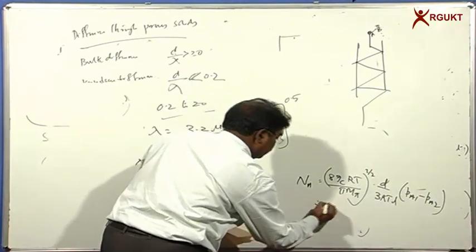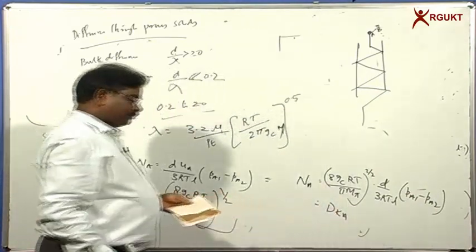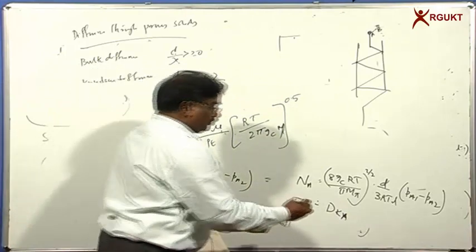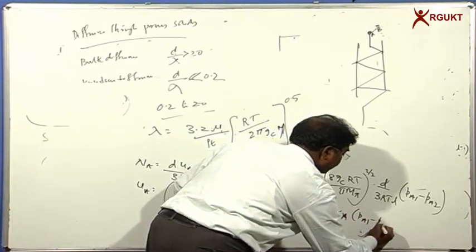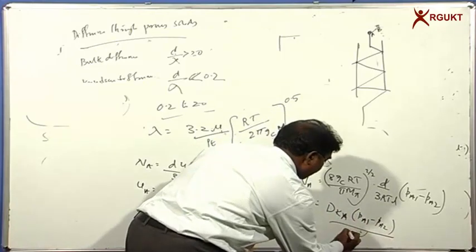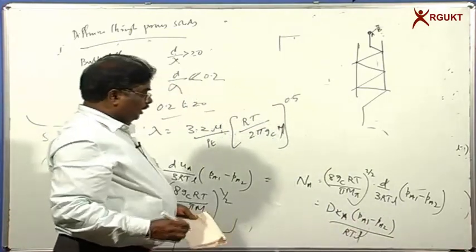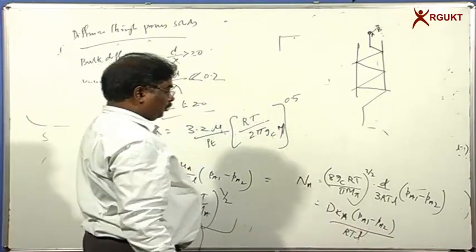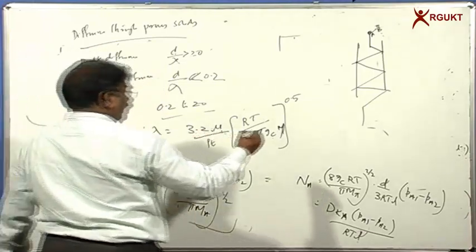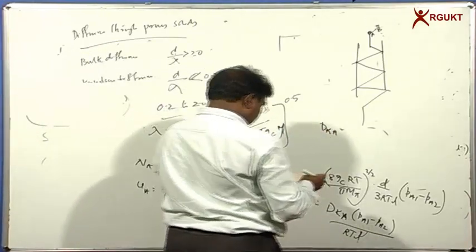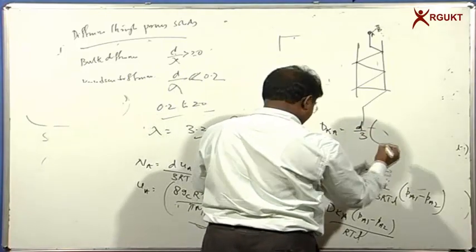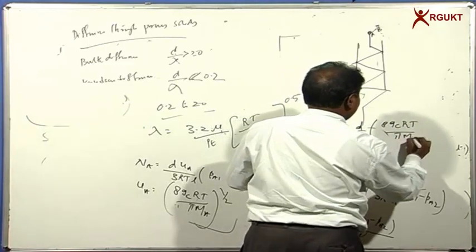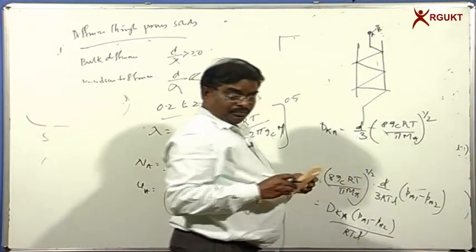And this is known as dKA, where dK is the Knudsen diffusion coefficient for component A, into PA1 minus PA2 divided by RTL, where L is nothing but the length of the pore. And here dKA, the Knudsen diffusion coefficient, is given by d by 3 into 8 Gc RT by pi Ma to the power of half.